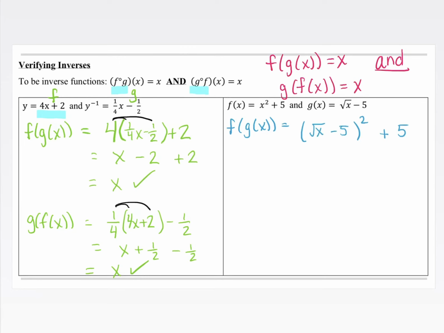So we'll need to square this. Just for a visual aid, I'm going to rewrite this up here. So this is the same thing as the square root of x minus 5 times the square root of x minus 5. Now we can FOIL, or multiply.